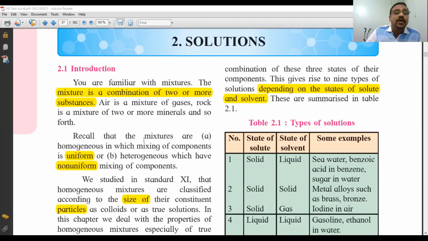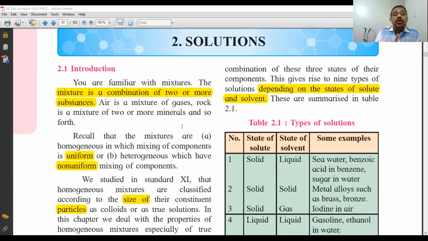Now, it is given that mixtures are classified as homogeneous, in which mixing of components is uniform, and heterogeneous, which have non-uniform mixing of components. Students, while classifying mixtures, you have to remember two classifications: the first is homogeneous and the second is heterogeneous.